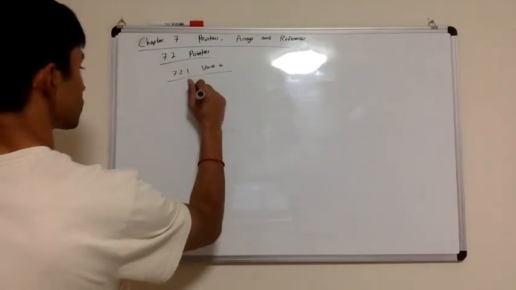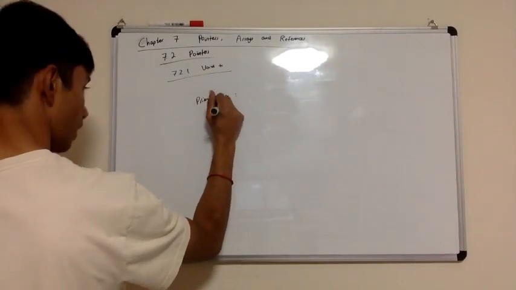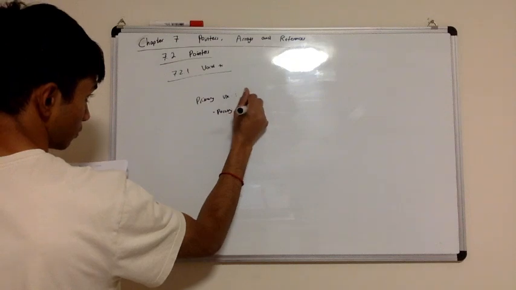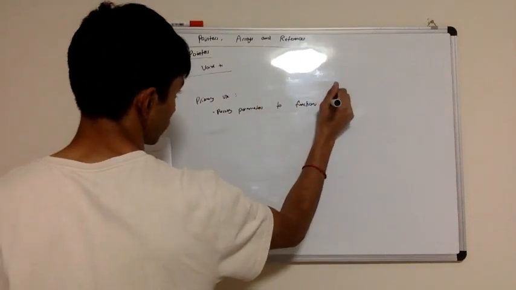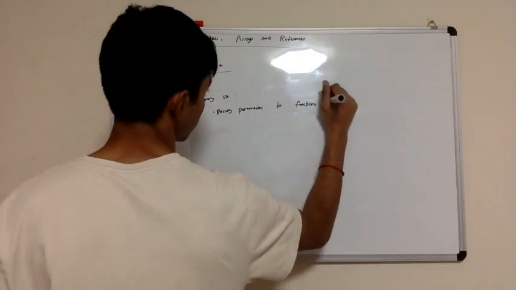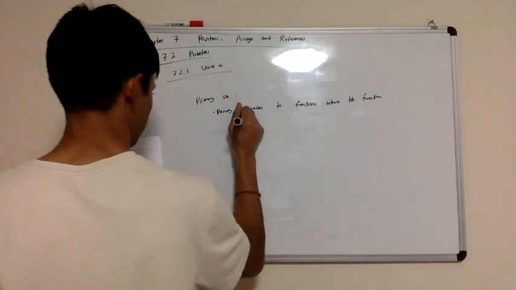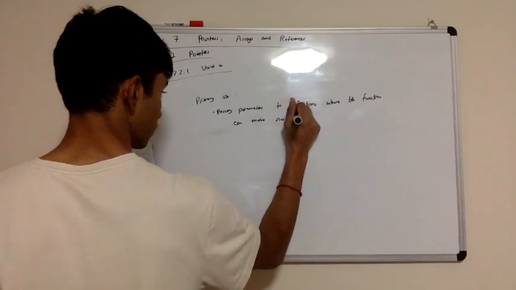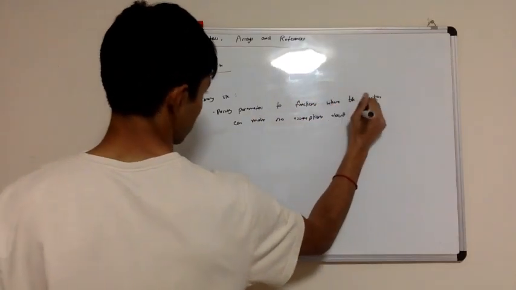Okay, so the primary use of void star is passing parameters to functions where the function can make no assumptions about the object's type.